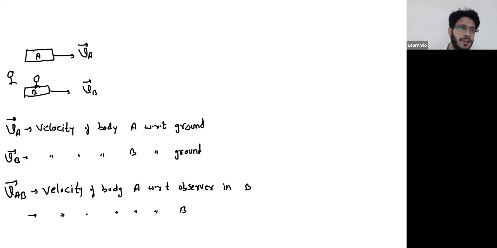If an observer is on the ground, then he will observe that both A and B are moving. But if I put this observer on body B, how would he observe body B? According to him, is body B moving, or at rest?